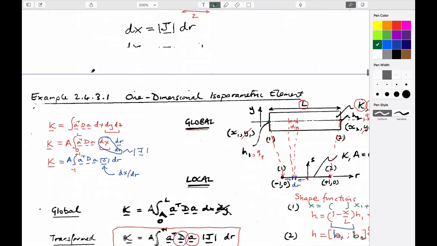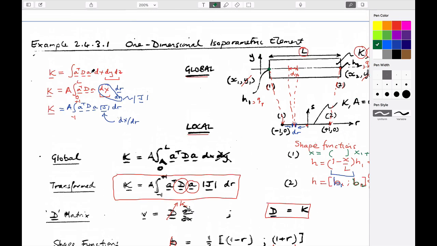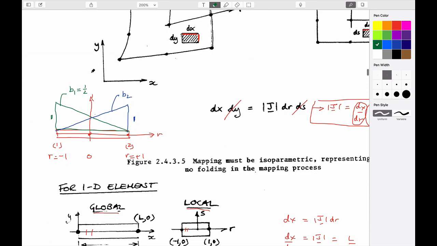Let me go back. Yeah, half 1 minus r. So this is a half 1 minus r. And this is equal to a half 1 plus r. That's just the equations of these.